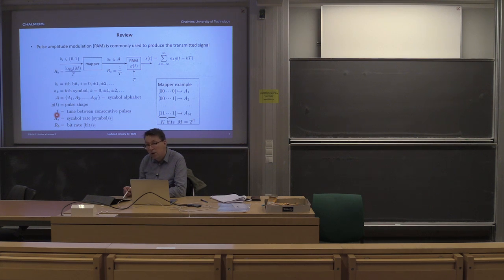Since T is the time between consecutive pulses, the symbol rate, the number of symbols that we transmit per second, is just 1 over T. The bit rate is how many bits we transmit per second, and that is equal to the symbol rate times the number of bits we transmit per symbol, which happens to be log 2 of M, where M is the number of possible amplitudes we use.